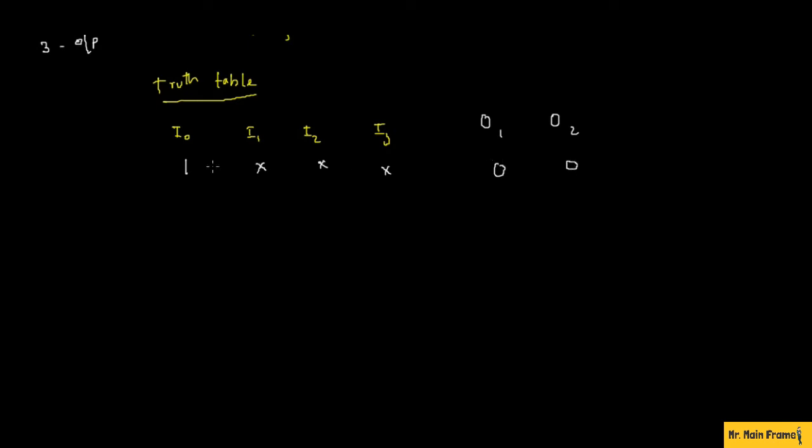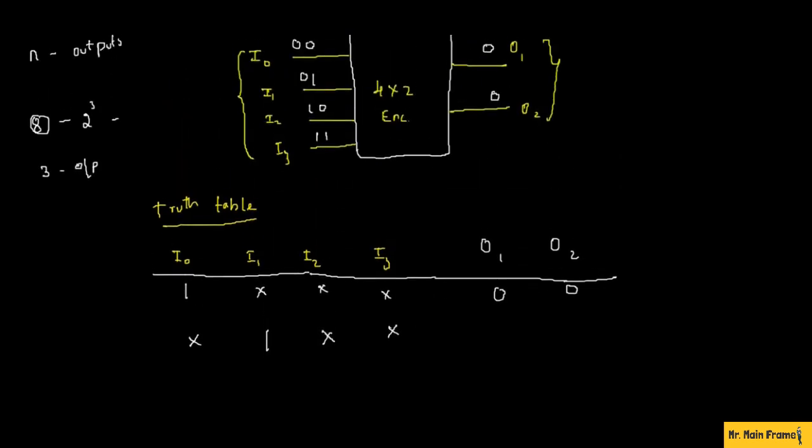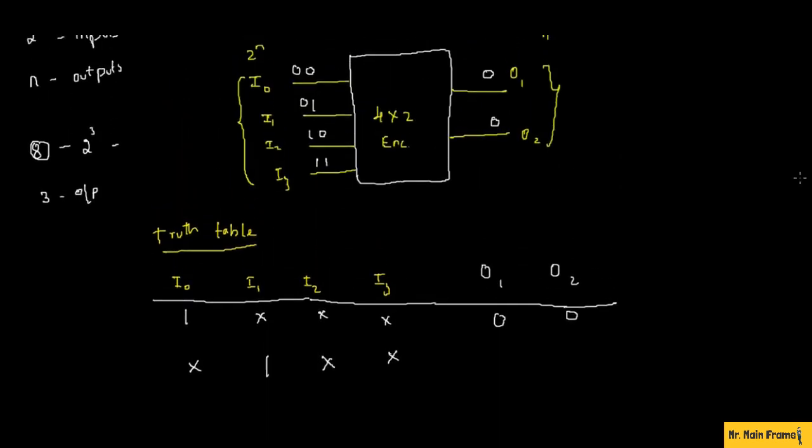I can draw a line to differentiate this, right? So in the second stage you can see I1 can be enabled, and you can ignore I0, I2 and I3. So coming back to the block diagram, you can see I1 is carrying the data 0 1, right?